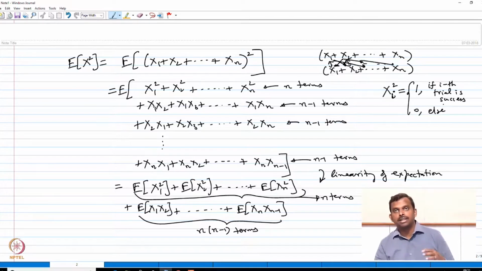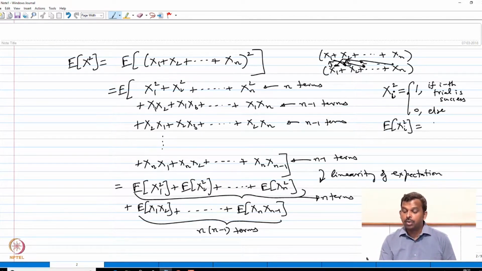It's the same thing. Xi squared and xi are exactly the same because xi just takes 0 and 1. That's very useful. So if you compute the expected value of xi squared, you'll simply get p again. The same calculation as before.